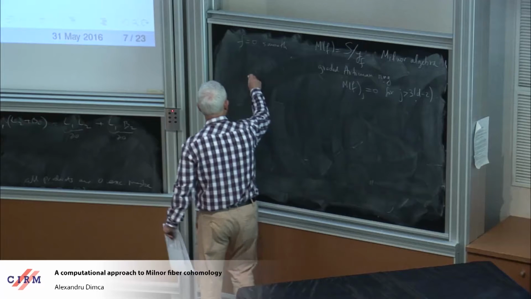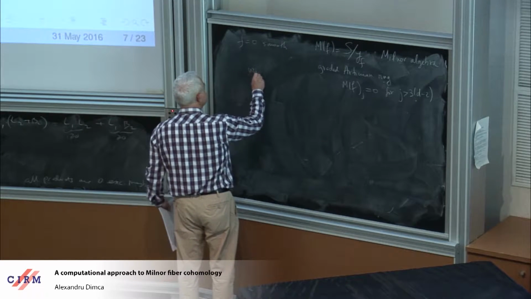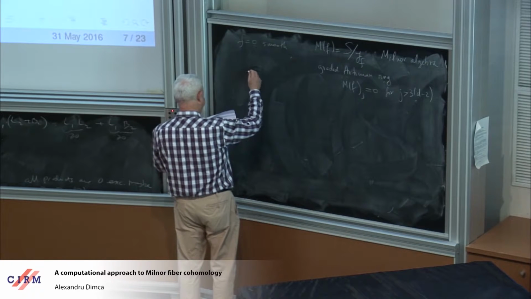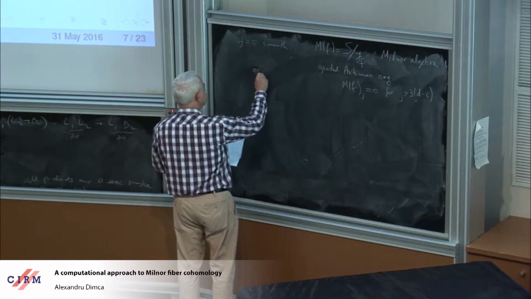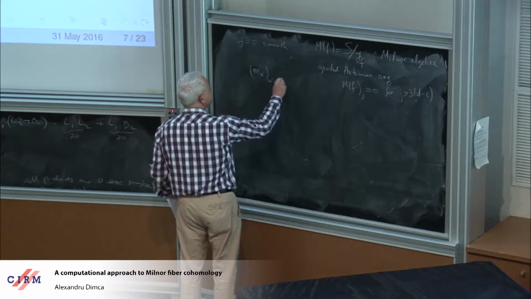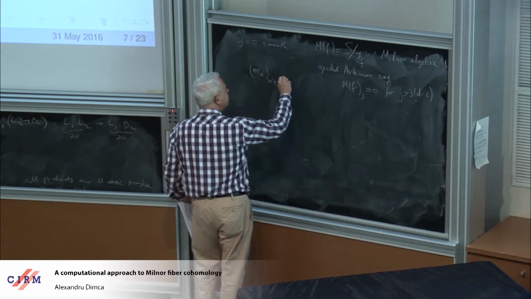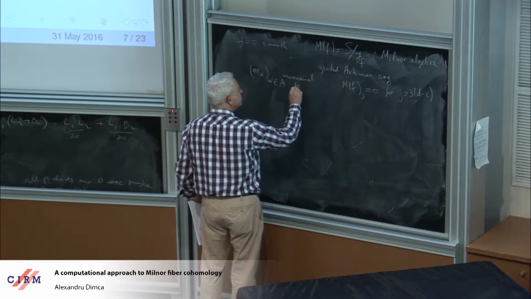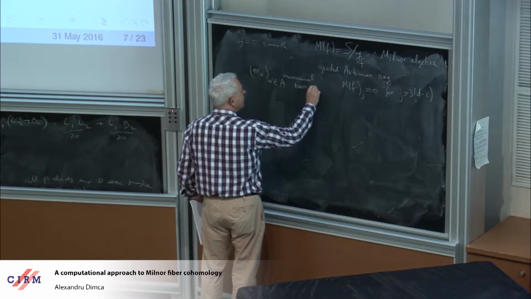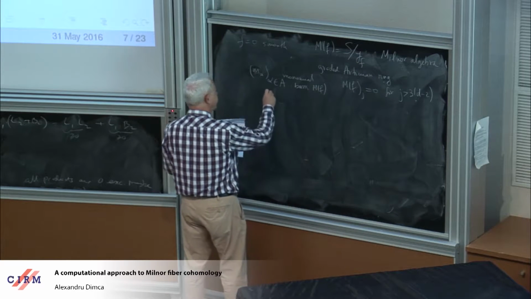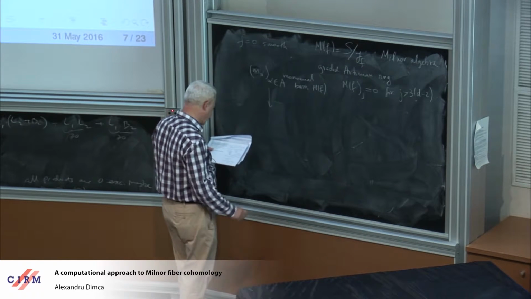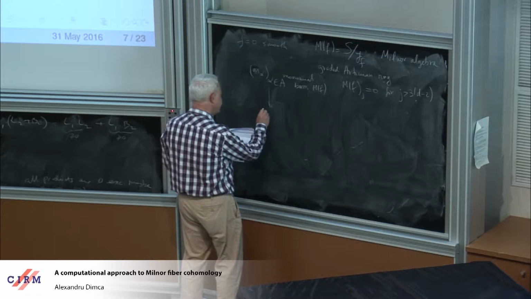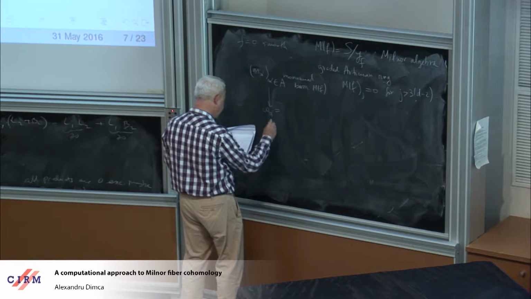And if I consider a monomial basis for this object, then I can associate a family of differential forms by the following formula.